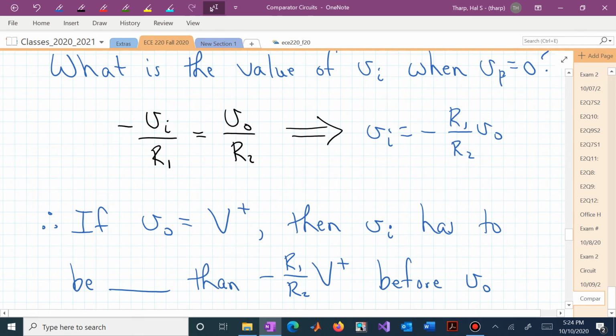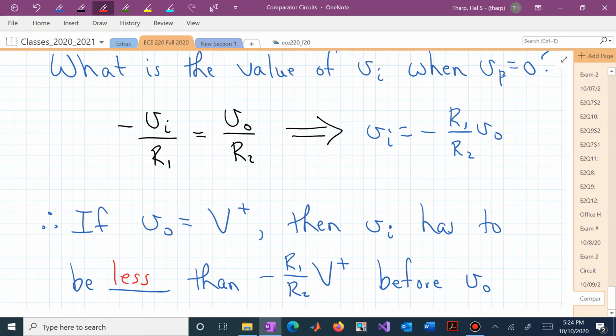If V sub 0 is at V positive, or at the positive supply rail, then V sub I, when V sub p is right at that 0 level, has to be less than this new threshold condition of minus R1 over R2 times V plus.